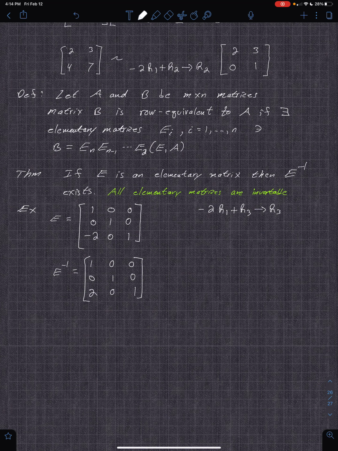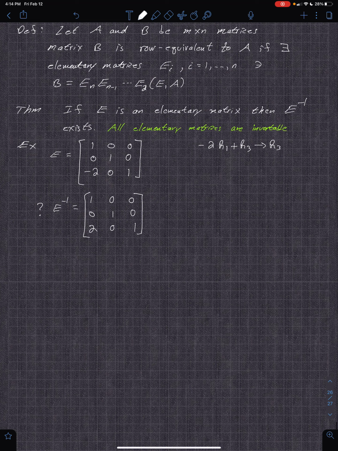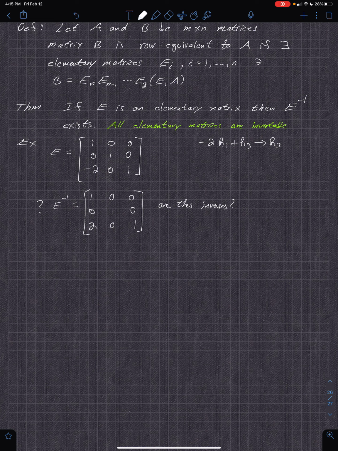All right, so is that the inverse of E? So are these inverses? That would be the question. So how would you test that? What do you do to test that?